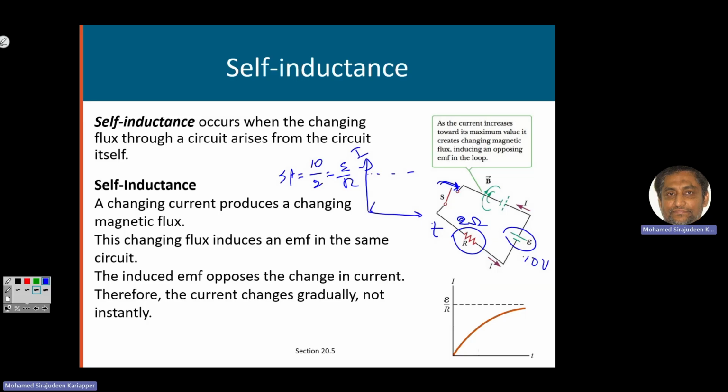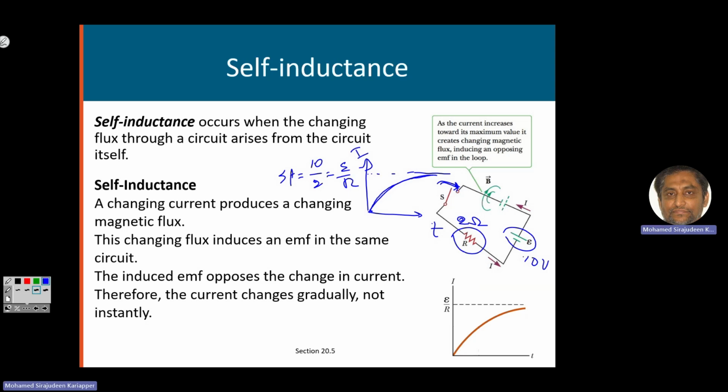It will gradually build up and come to 5 amps. It takes some time from the moment you close the switch for the current to become the final value of 5 amps. It doesn't happen instantaneously. Why? Can anyone answer why?